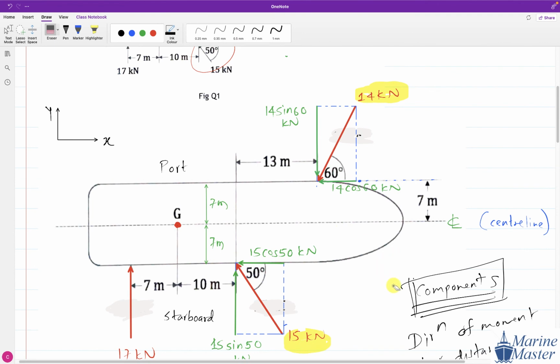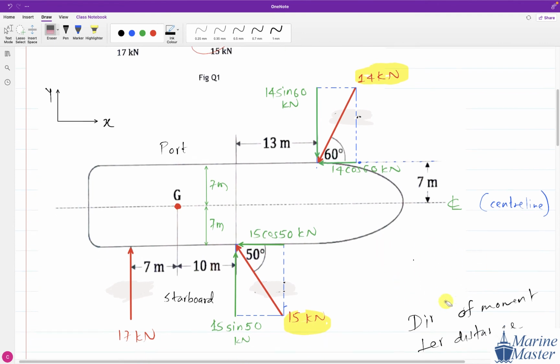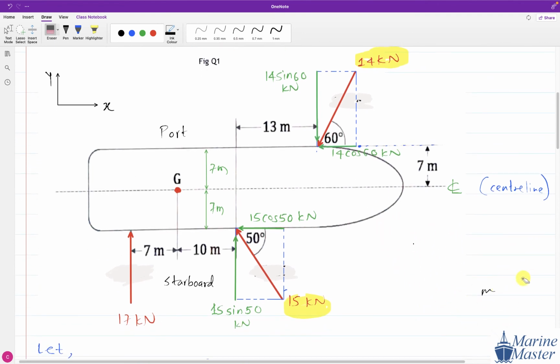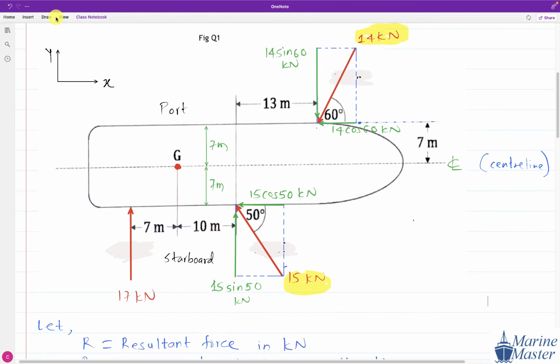Three things are very important here: first, taking components; second, direction of moment, clockwise or anti-clockwise; and third, perpendicular distance. Practice daily, solve a lot of numericals, and redo whatever the teacher teaches in class. If you are not getting the point, ask the teacher the next day and your doubts will be cleared in more detail.